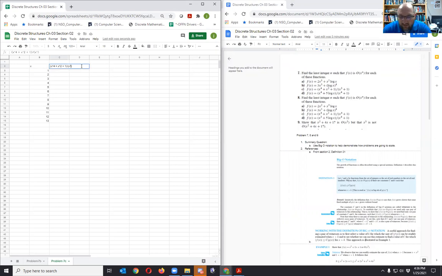Cool. And so the way we are going to look at that, I'm going to say equals this number, caret 4, plus this number, caret 2, plus 1, divided by this number, caret 3, plus 1.